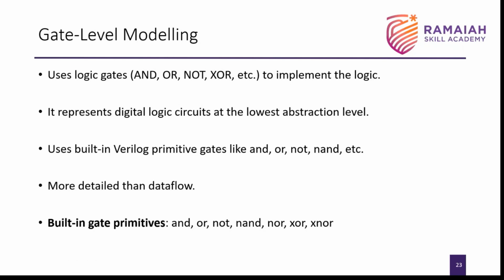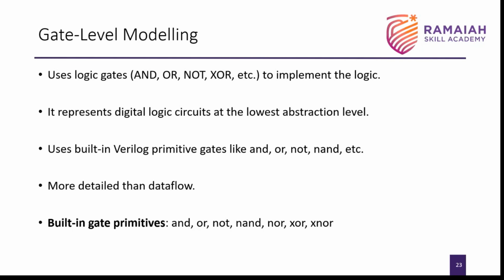In data flow you decide AND or OR by the expressions, so if you write a pipe or negation symbol instead of ampersand, your entire logic will be different. But here, since you're using primitive gates like and, or, not, it is more detailed.